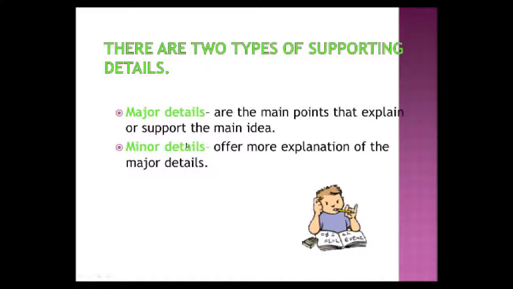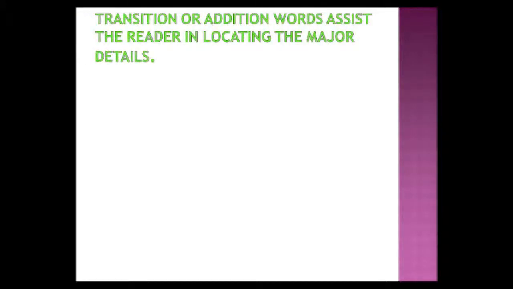So, for instance, if you give me your topic sentence or your main idea sentence, and you give me your first thing that you support, your first support would be your major details. If that's not enough to help me understand what you want me to know, I might throw in a minor detail to give you further information, and that's why we call it minor detail. It just adds to our major.